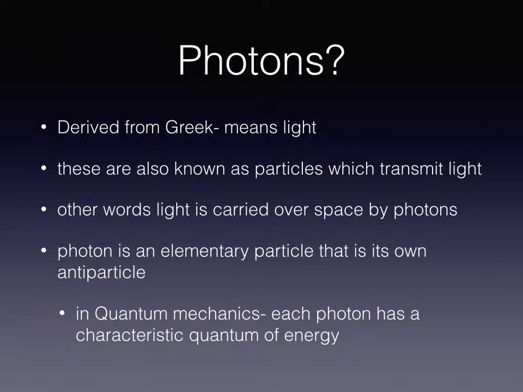Photons. We need to take this time to talk about photons. Photon is derived from the Greek word that means light. These particles transmit light. In other words, light is carried over space by these photons. A photon is considered to be an elementary particle, and it has its own antiparticle. In quantum mechanics, each photon has a characteristic quantum energy.